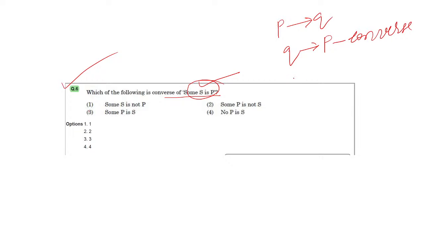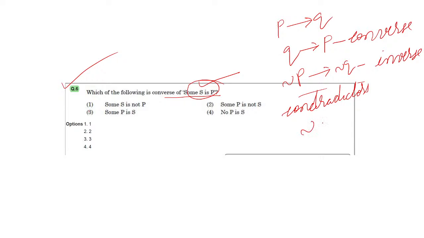Inverse means negation P implies negation Q. Contradictory means negation Q implies. Yes, these are the different types of statements, friends.